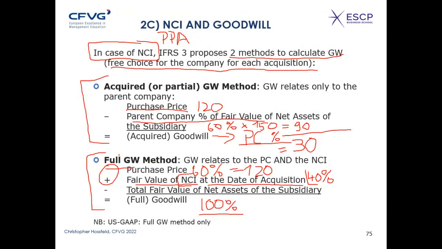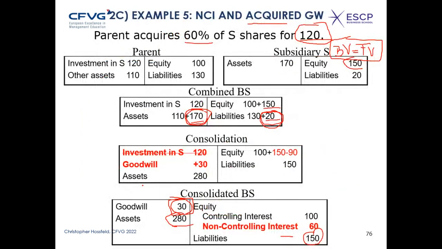Okay, that means here to calculate my full goodwill, I paid 120 for my 60%. The other 40% have been valued and they have a value of 70. So it means I have a hypothetical total value of the company of 190, because I add the two values. And what do I get for the 190? Obviously, I get 100% of the fair value of the subsidiary. Here, once again, we assume book value and fair value of the subsidiary are identical.